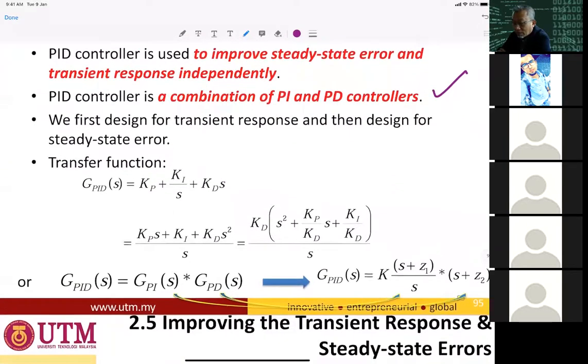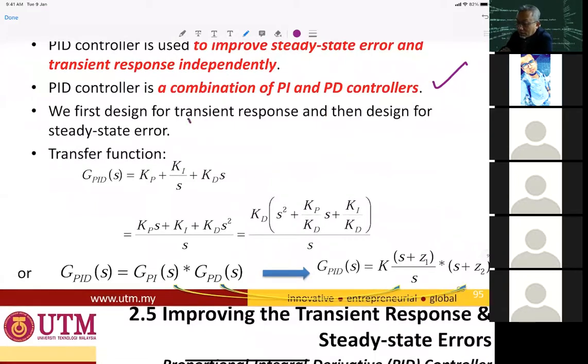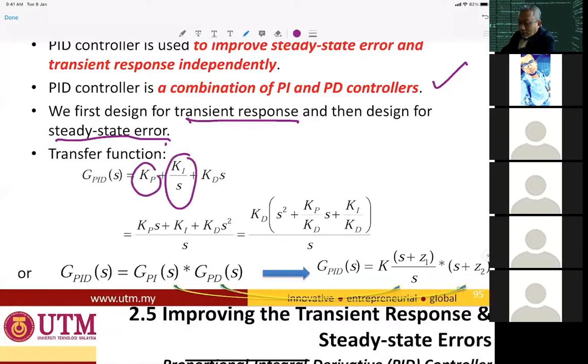First, begin by designing for the transient to speed up the transient response, and then design for the steady state error. So the transfer function of the PID, since the blocks are parallel, we sum each other: Kp plus Ki over S plus Kd S.